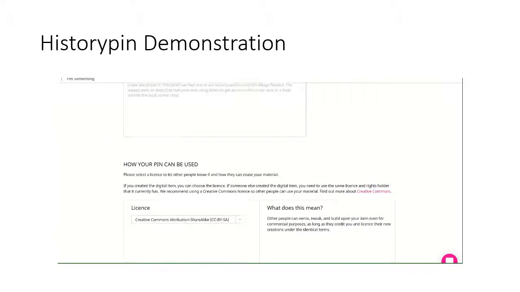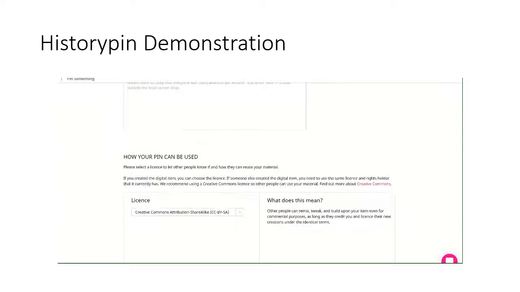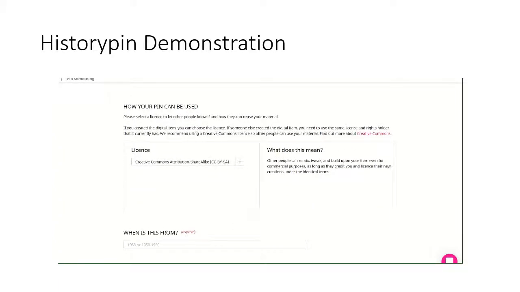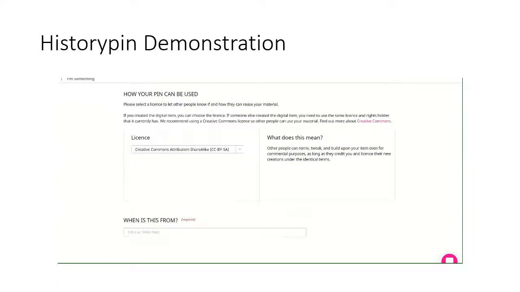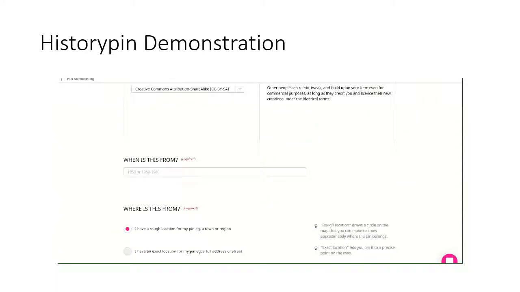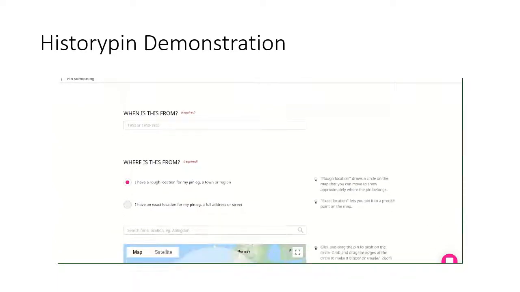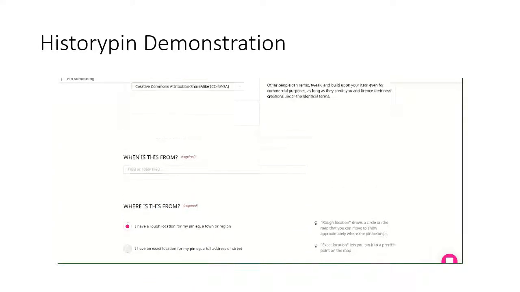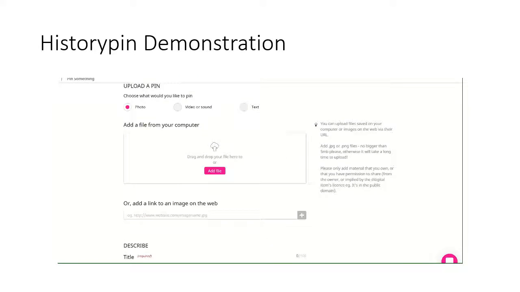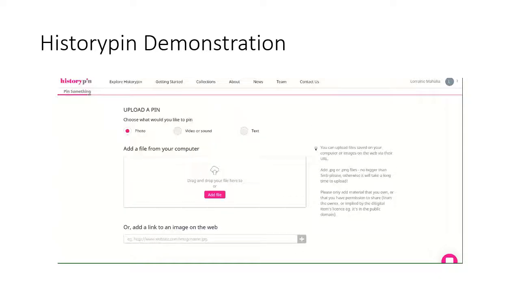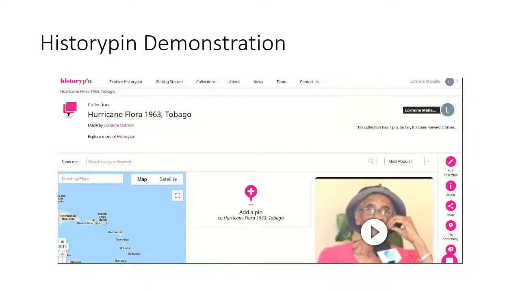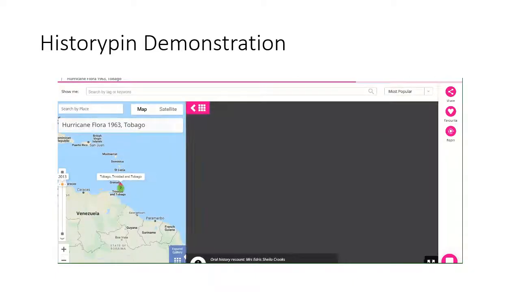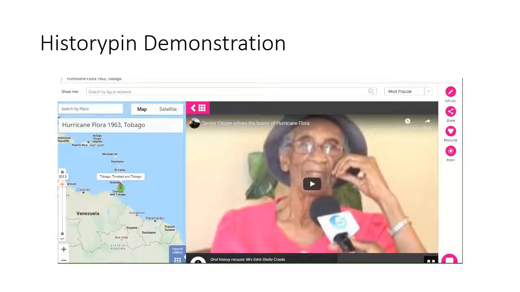You put in some more information, a little bit of description. Again, licensing important, how you can use it, dating the information, and the pin if you have a map where exactly this place is located on the world map. So that is how you go ahead creating a pin, and over a period of time what you would have collected is a wealth of information on a particular subject area.